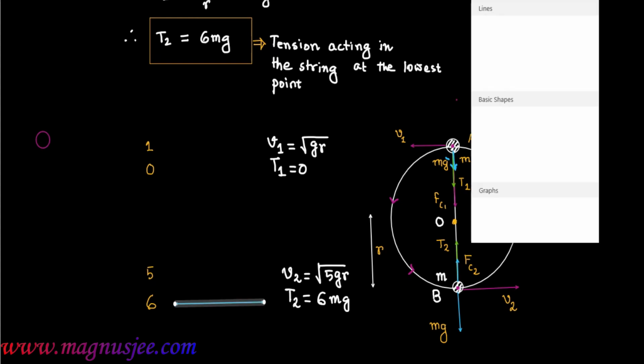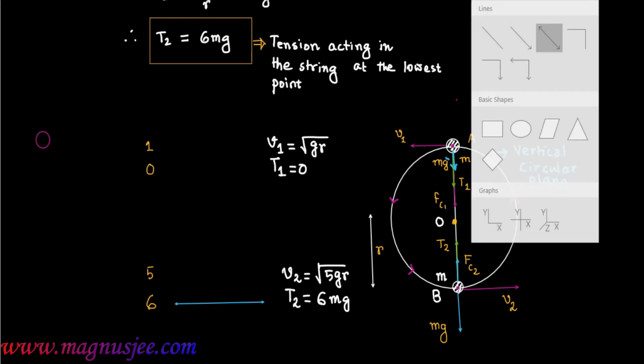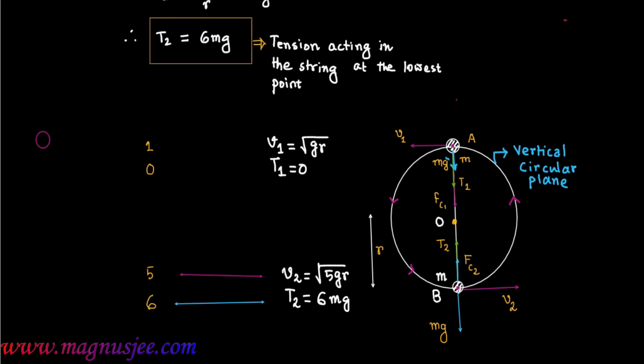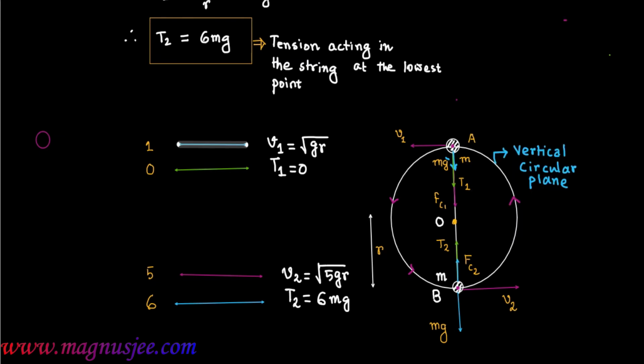Tension T2 is 6 mg, that's why it is 6, and 5 is for tangential velocity V2 equal to root over 5gr. 0 means tension acting in the string at the highest point T1 is 0, and 1 means tangential velocity at the highest point A is V1 equal root over gr. So memorize 6501.